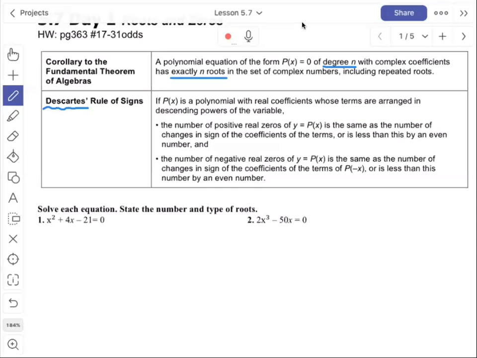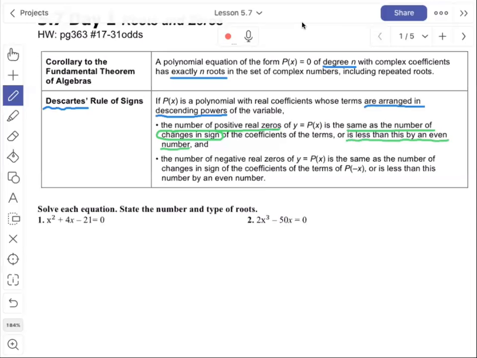If p of x is a polynomial with real coefficients whose terms are arranged in descending powers, all right, so exponents go from the highest to the lowest, the number of positive real zeros is the same as the number of changes in signs of the coefficients of the terms, or less than this by an even number. Okay, let's break that down.